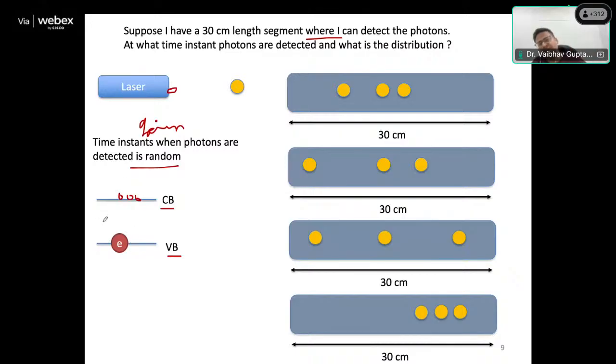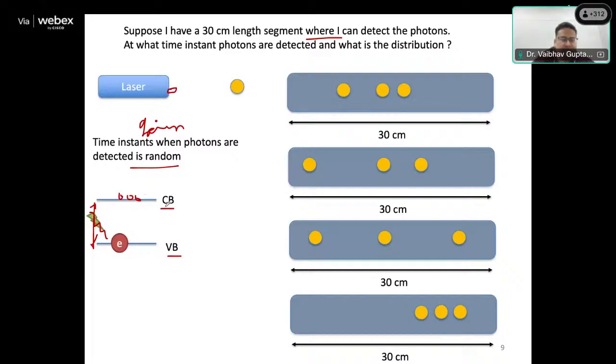For that you have to do a lot of pumping. When you do pumping, meaning there is a band gap, Eg, and you come up with a photon, and this photon is getting absorbed, and then an electron-hole pair is getting generated, right? So once it is absorbed, the electron will go up and it will stay there, right?